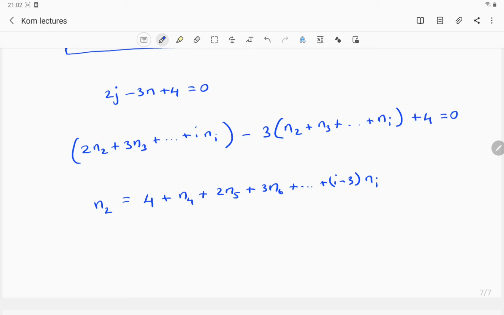Or in short, I could rewrite this as 4 plus the summation of k equal to 4 to i of (k minus 3) into nk.